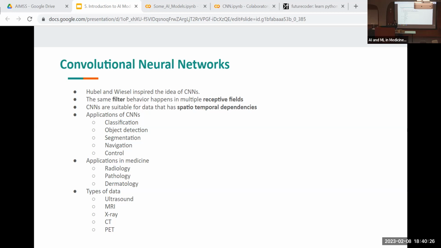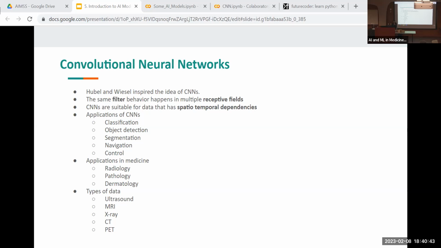The same thing goes on in convolutional neural networks. There are different filters in convolutional neural networks that learn different features in the picture that they face.